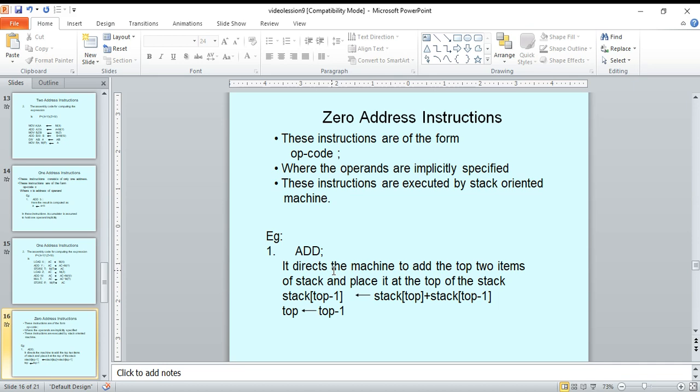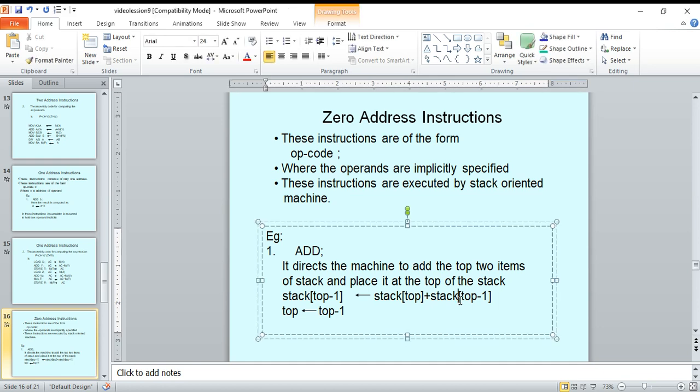It accesses the top two items of the stack, performs the addition operation on those items, and the final result is placed into the top of the stack. So we can access the two items from the stack at top and top minus 1.